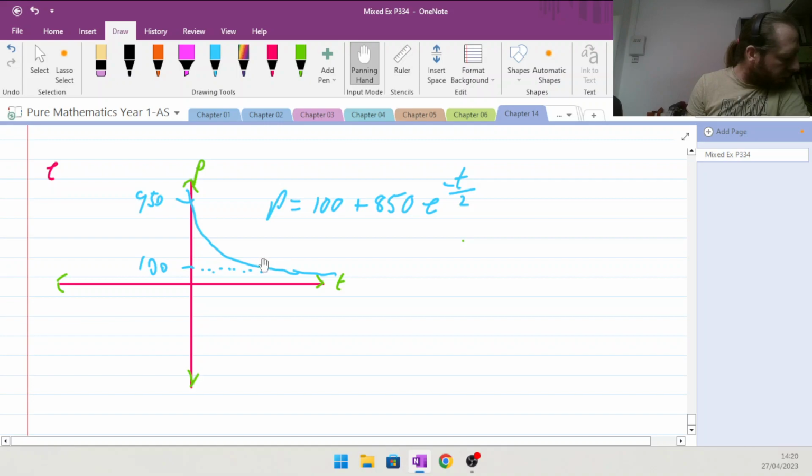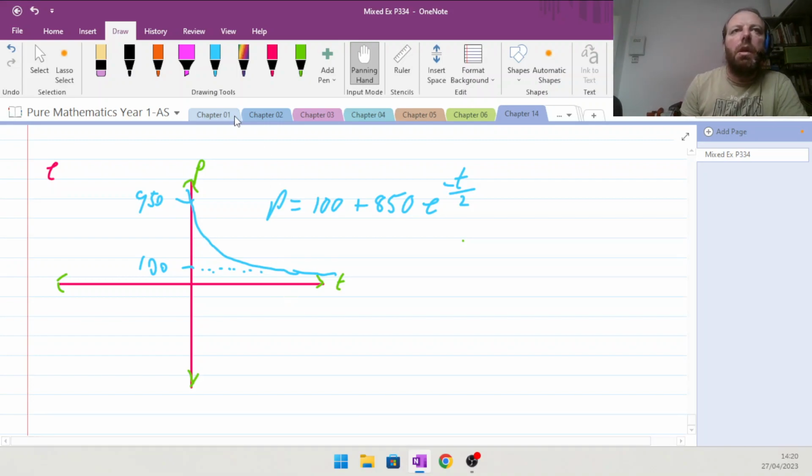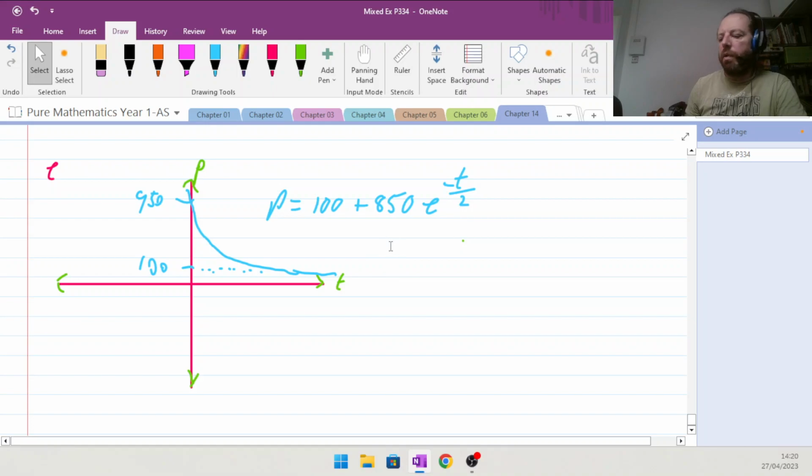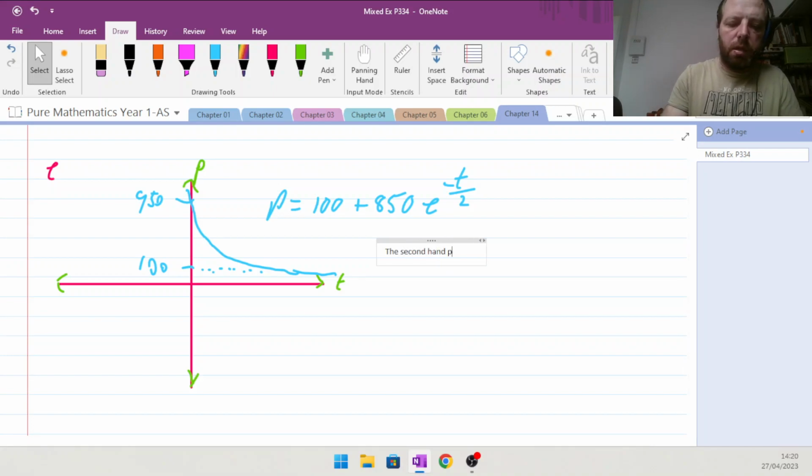Comment on the appropriateness of this model. Well, as a computer system goes, it does seem to lose its price very rapidly. So the second-hand price of the PC drops very rapidly.